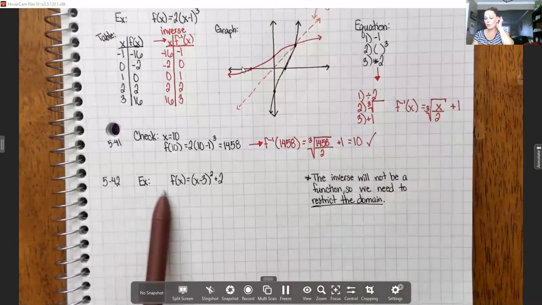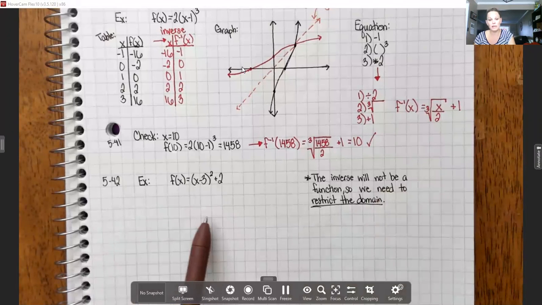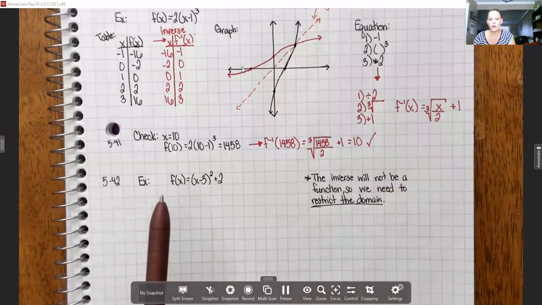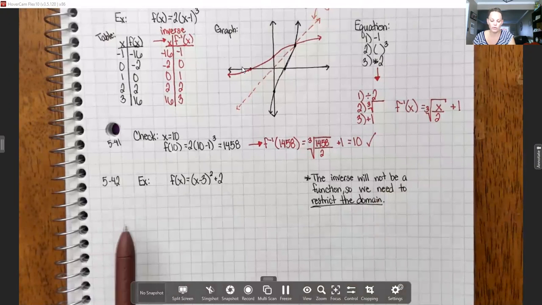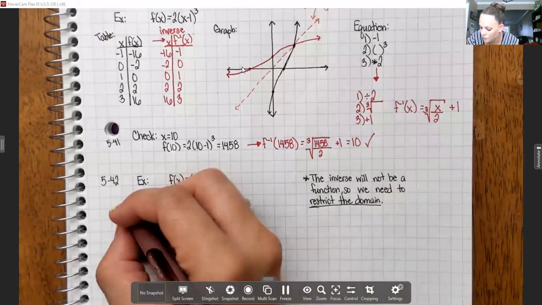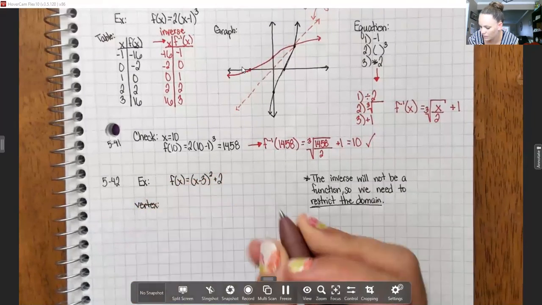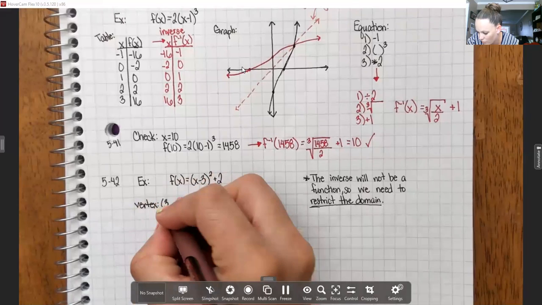So remember, this is a parabola. And what we saw yesterday is when we do the inverse, we have a sleeping parabola, that sideways parabola, which isn't a function. So in order to make our inverse a function, we have to restrict the domain. If we think about this parabola here, our vertex is 3, 2.